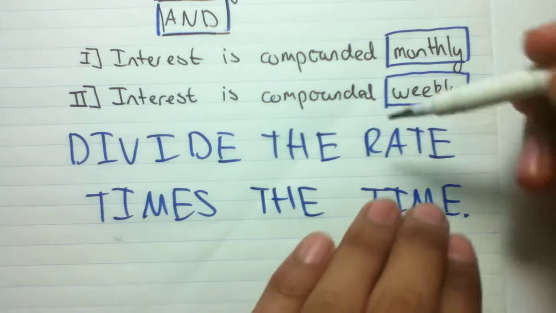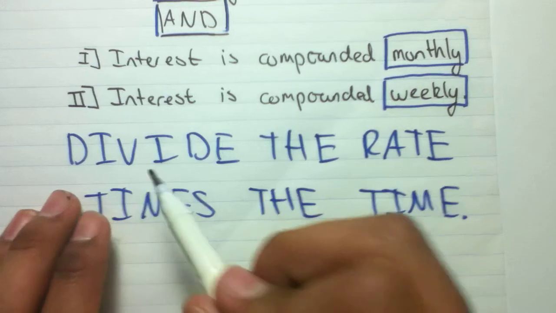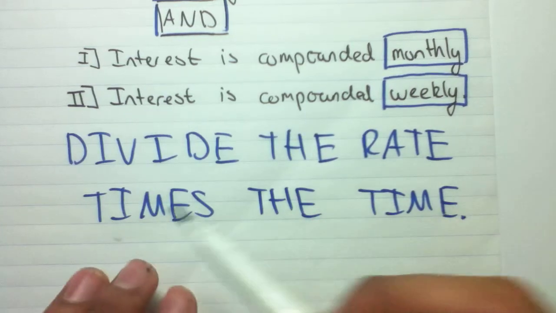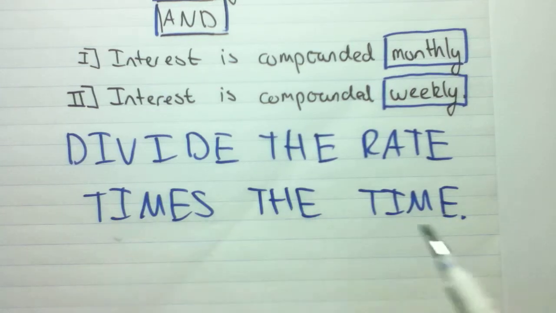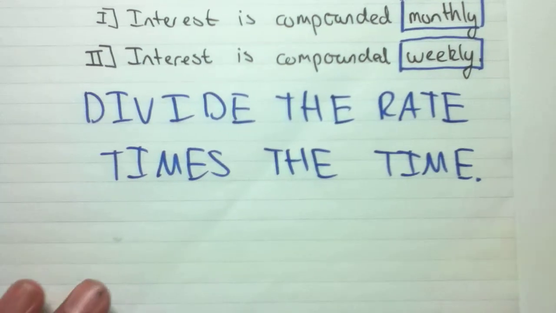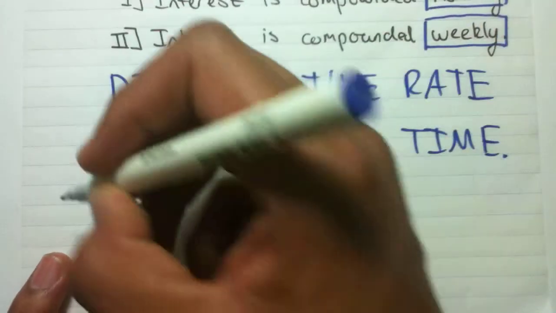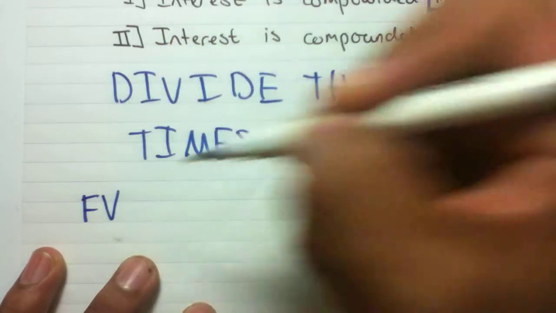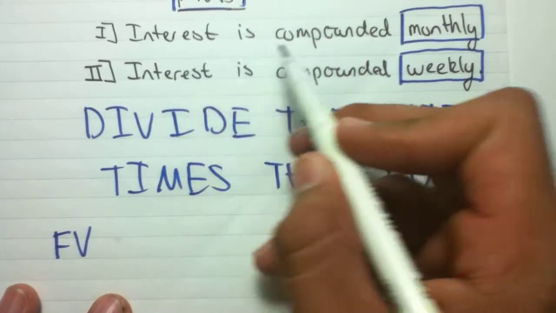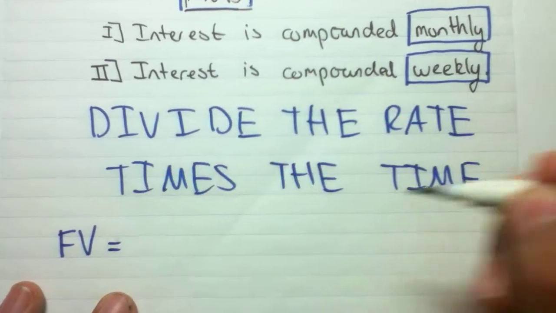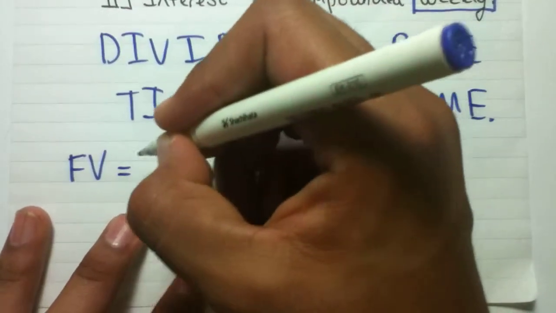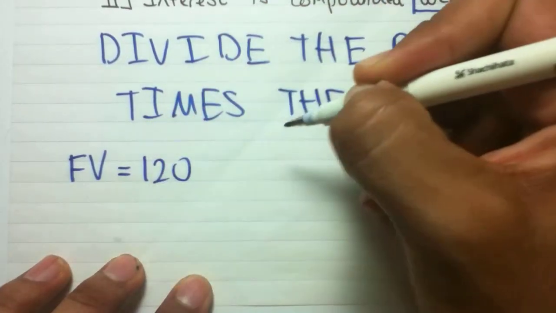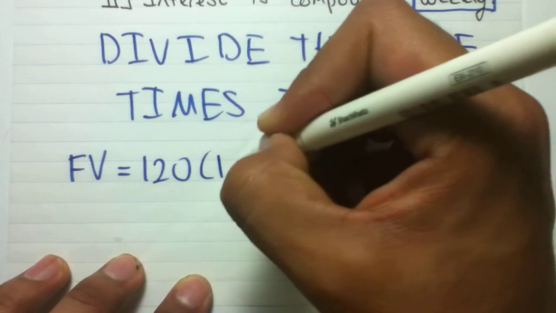So we understand that the rate is going to undergo some division process and the time is going to undergo some multiplication process. But the question is, what number are we dividing by or multiplying by? Well, let's do this question. So we want to find the final value of this amount, assuming that interest is compounded monthly. The future value is going to be equal to the initial $120 outside of 1 plus.